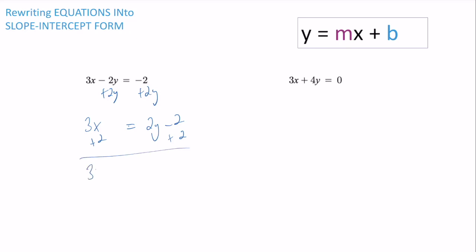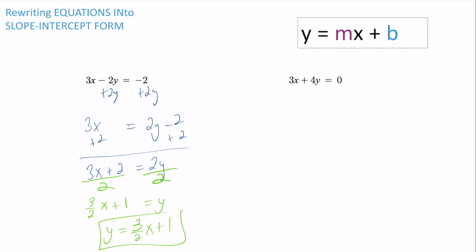And I'll get 3x plus 2 equals 2y. And then finally, I need just y, so I will divide by 2. And I've got to do both sides, so I get y equals 3 halves x, can't reduce, I'll just leave that, and then 2 over 2 is 1. So y equals 3 halves x plus 1, and if I wanted to write it in that order, no problem.